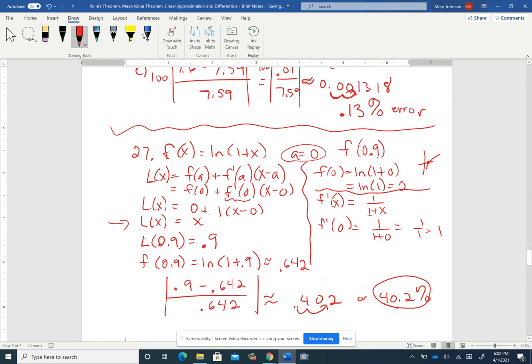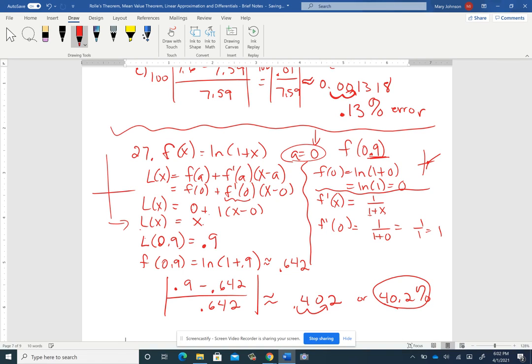On the other one, we had a 0.13%, less than 1% error. The reason this error was so humongous was because here was where I wrote the equation of the tangent line, but then I'm looking for the value of the function way out here, okay? So I'll show you what it kind of looks like.